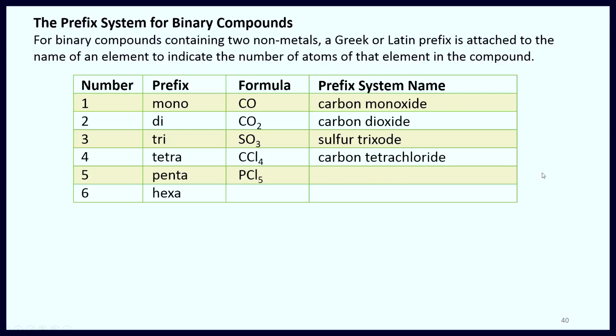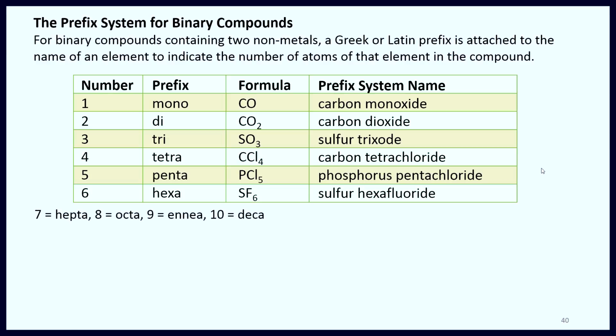PCl5 is named phosphorus pentachloride. And SF6 is named sulfur hexafluoride. What happens if you have 7, 8, 9, or 10? It occasionally happens. The prefixes are hepta, octa, enea, and deca.